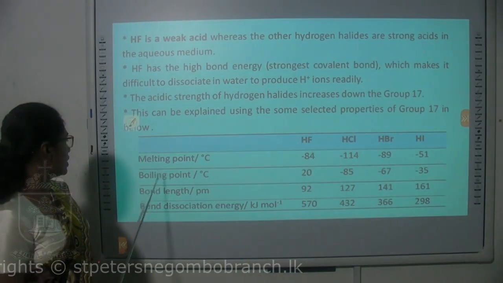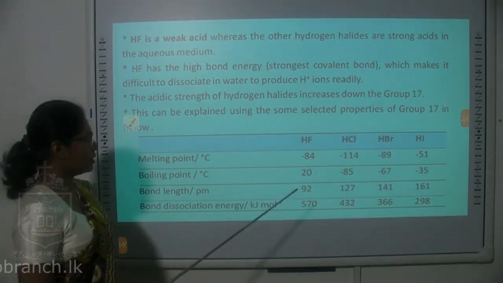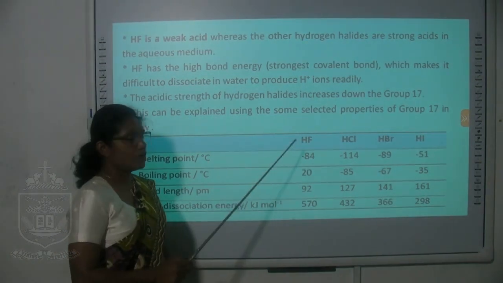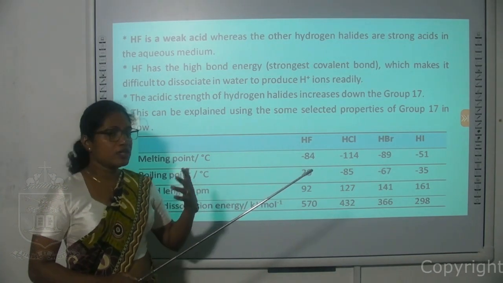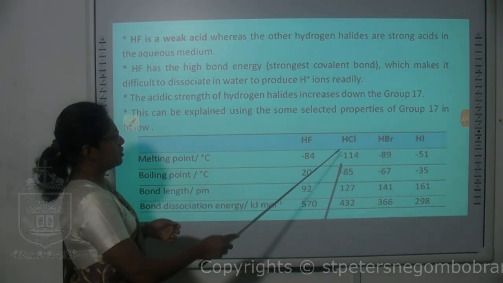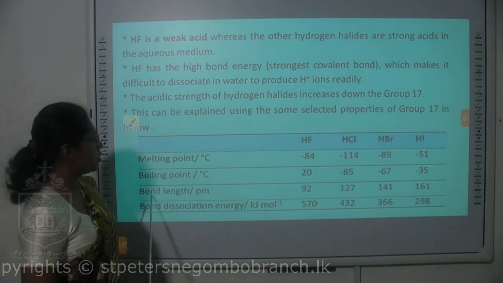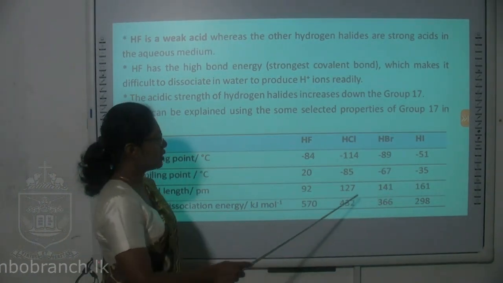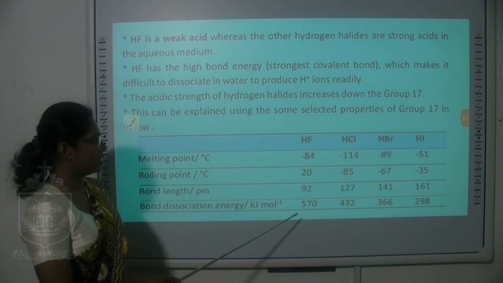If we consider the melting point, boiling point, bond length and bond dissociation energy, we can show that HF is very hard to dissociate totally. But other hydrogen halides dissociate easily, because if we take bond length, the bond length of HF is a smaller value than the other elements, and bond dissociation energy is also a higher value in HF.